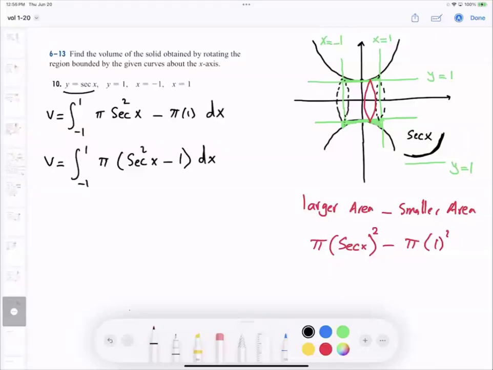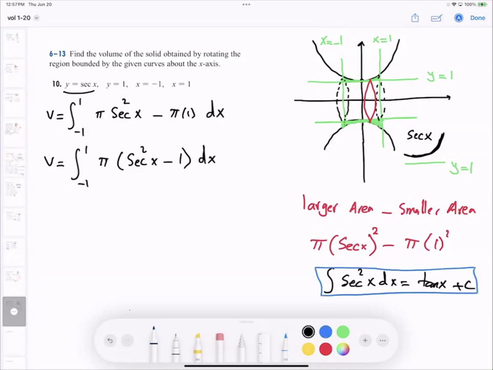But remember that when we are calculating the integral of secant squared, the integral of secant squared is nothing but tangent. This is what we learned from elementary calculus. So the volume for now is equal to pi times tangent of x minus, and the integral of 1 dx is just x.